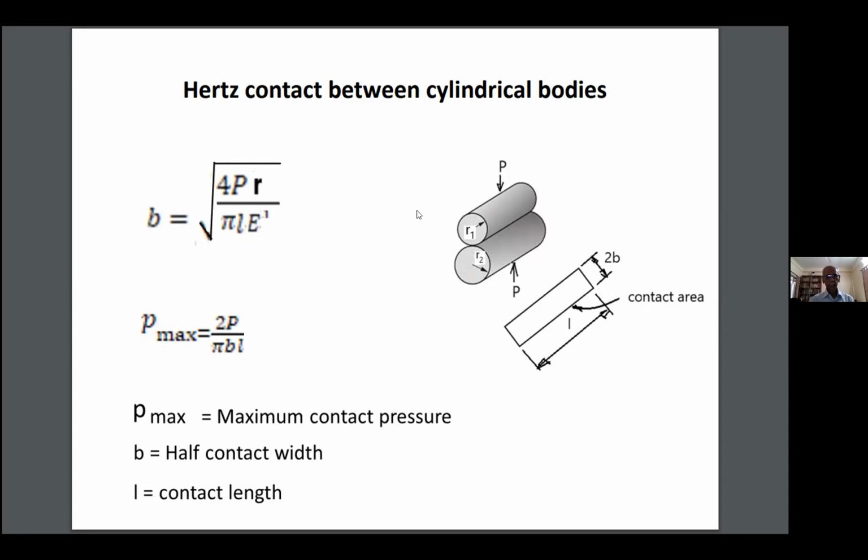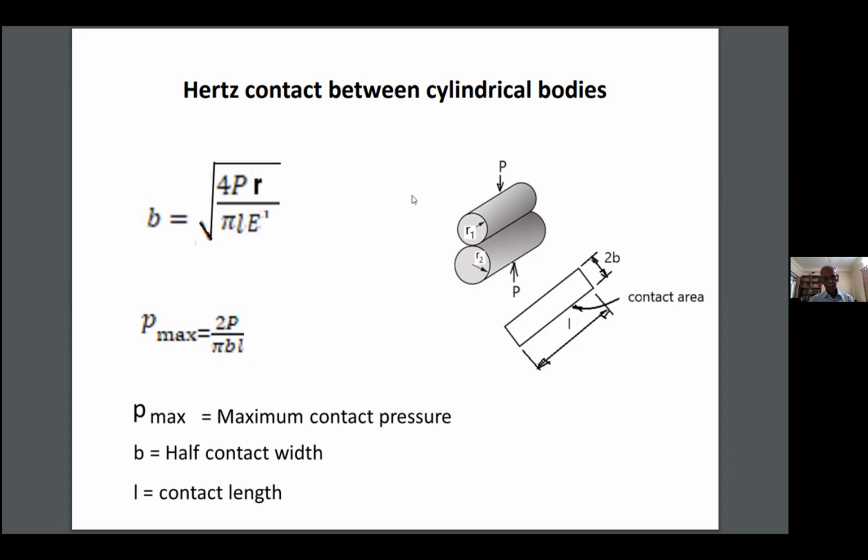There also the Hertz theory has predicted that when the two rollers are in contact, the contact area is initially a line, and then it goes to a rectangle. The width of the rectangle is 2b, and the length is the length of the roller. So half the width of contact, b, is given by the square root of 4PR by pi L E dash.